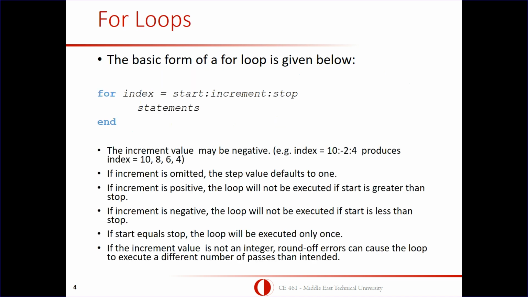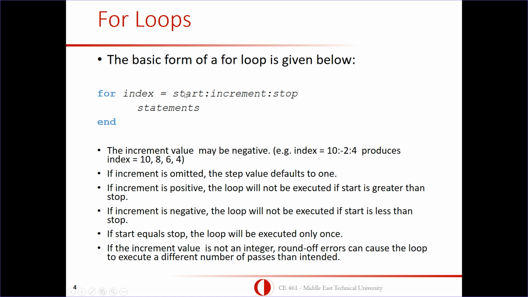Okay. Let's take a look at the simplest for loop. The basic format of the for loop starts with the for keyword and ends with the end keyword, and we have the index and we have start, increment and stop.